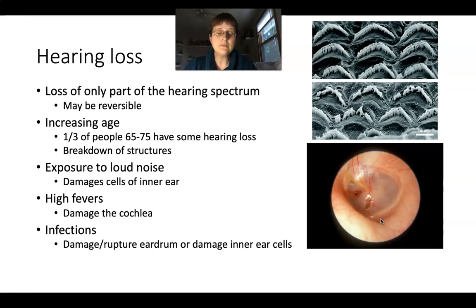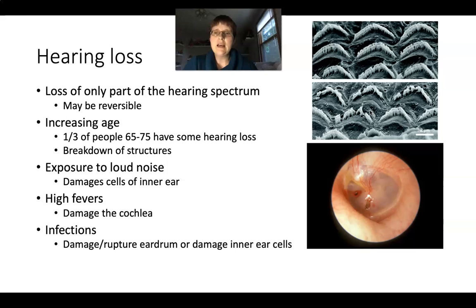I can tell you that I know some of my hearing loss is due to scars on my eardrums from ear infections. And if it's something like a scar, that is not reversible. However, if it's short-term damage, like a concert where you just have done a little bit of damage, the cells may be able to recover.